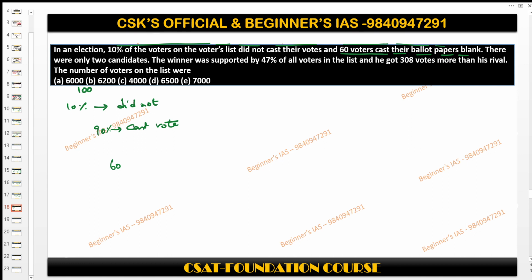So the winner was supported by 47%. If we take it like that, then the 60 voters would not have supported the winner also because it was blank. Yes, correct. So 47% plus 308 votes on one side, and on the other side whoever supported the other candidate plus the 60 voters who cast blank paper.